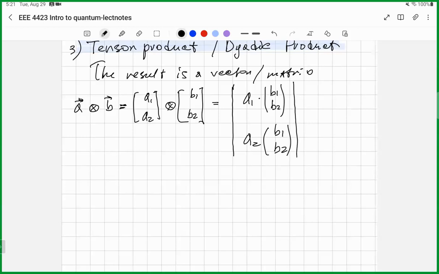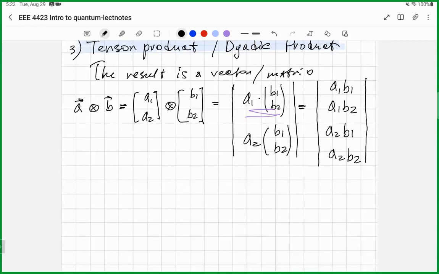And if we expand this further, we multiply the component A1 by each of the components of the vector B. So in the result, we get another vector with components A1 B1, A1 B2, and then A2 B1, A2 B2.